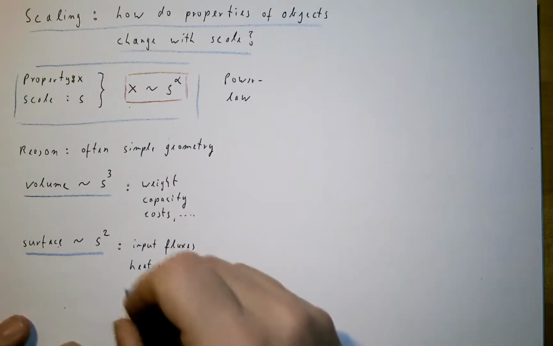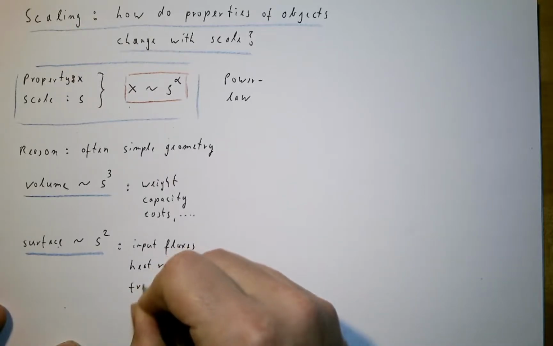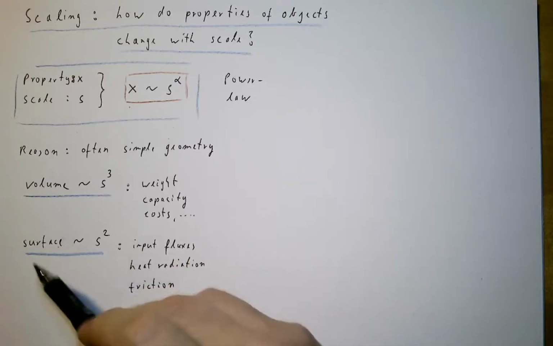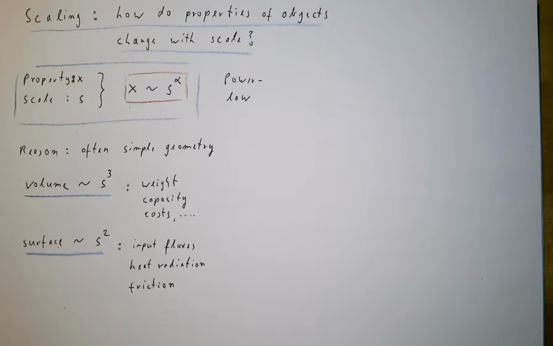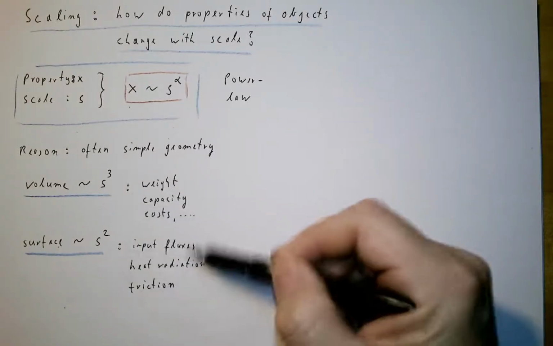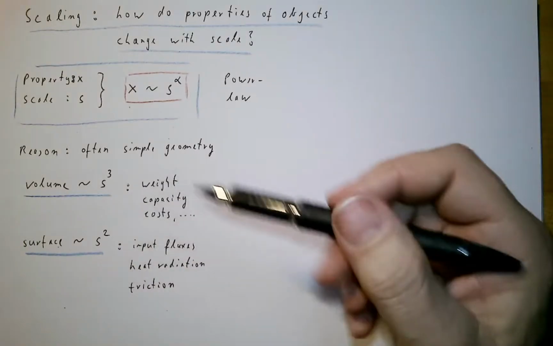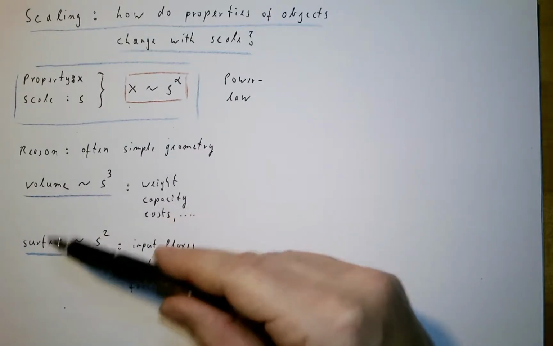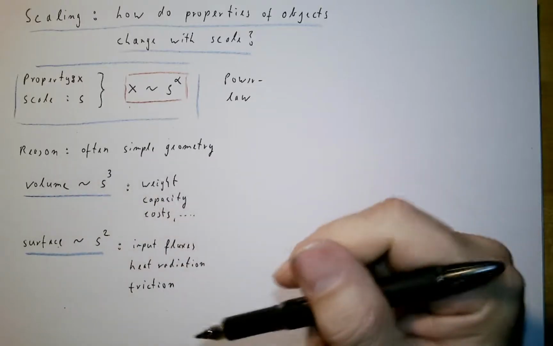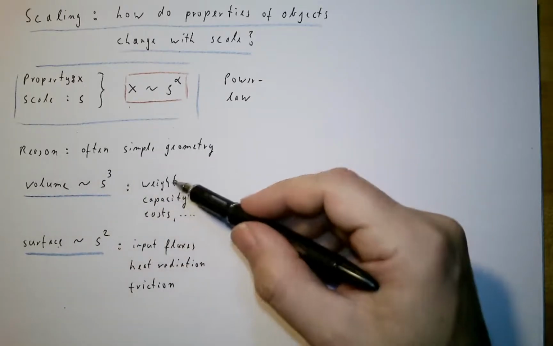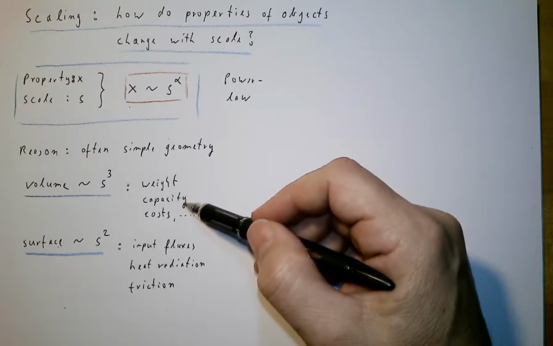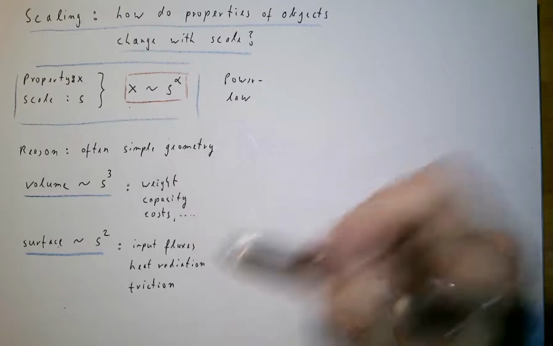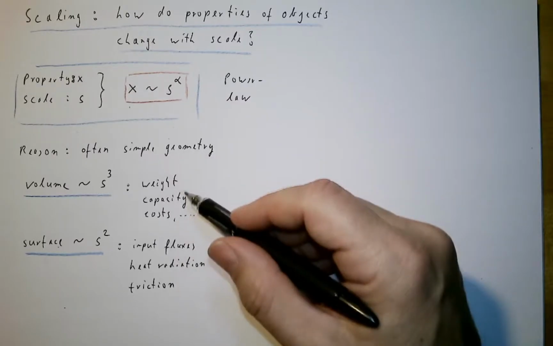Here, often something like the friction of objects depends on the surface. And of course, this is now very simple reasoning. Not only the volume and surface, but also the shape and many other details go in, in how the weight or the capacity of an object will really change, and what the exact value will be.